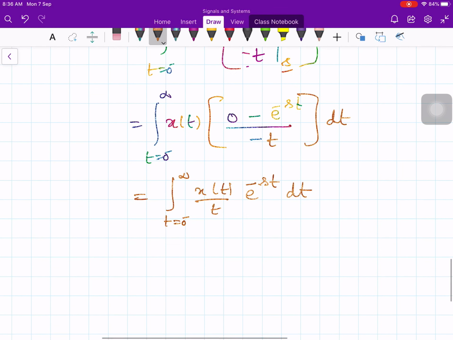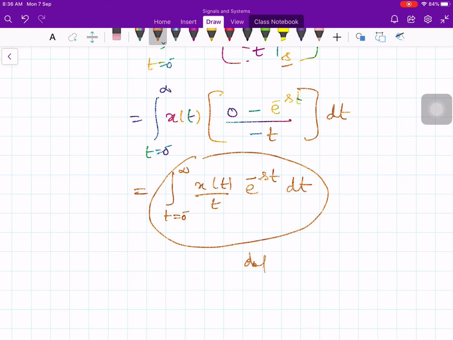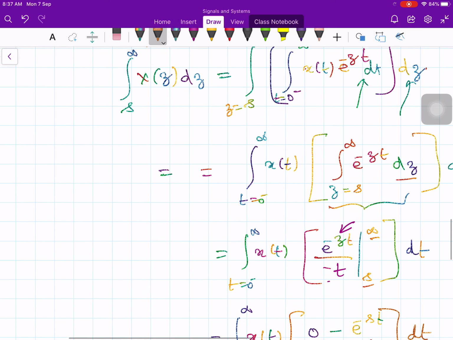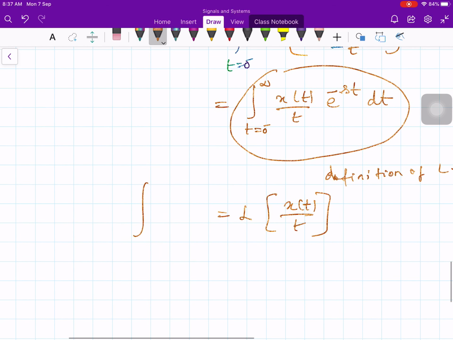Now if you look at this, don't you see, this is the definition of the Laplace transform of x(t) by t. Therefore this is equal to the Laplace transform of x(t) by t. The left hand side we started with is the integral from s to infinity of X(z) dz.